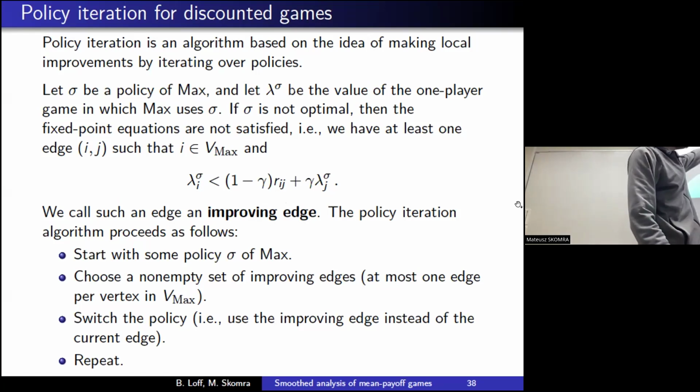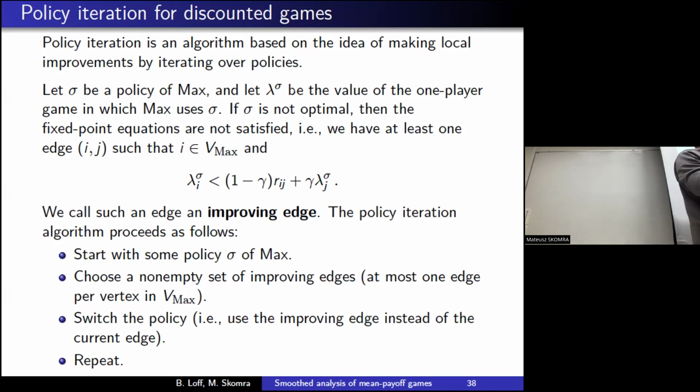So an edge ij is improving if J is better than sigma I. Because this is a fixed point of your one-player operator, it satisfies lambda I sigma equals 1 minus gamma R sigma and so on. So it cannot be sigma I. In other words, lambda sigma is just the value that max would get against the strategy found for min.